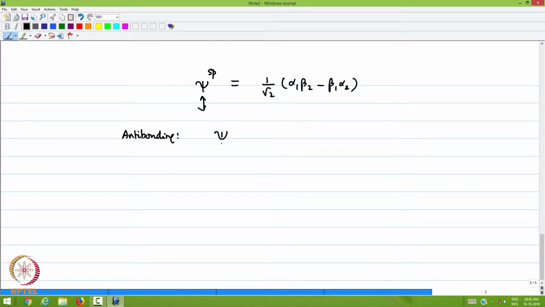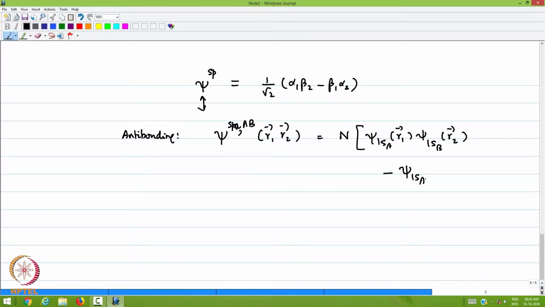On the other hand, if you have, for example, the anti-bonding case for the hydrogen molecule, psi spatial anti-bonding, if you write that R1 R2, one can start also with the valence bond wave function psi 1s A R1, psi 1s B R2 minus psi 1s A R2 psi 1s B R1.